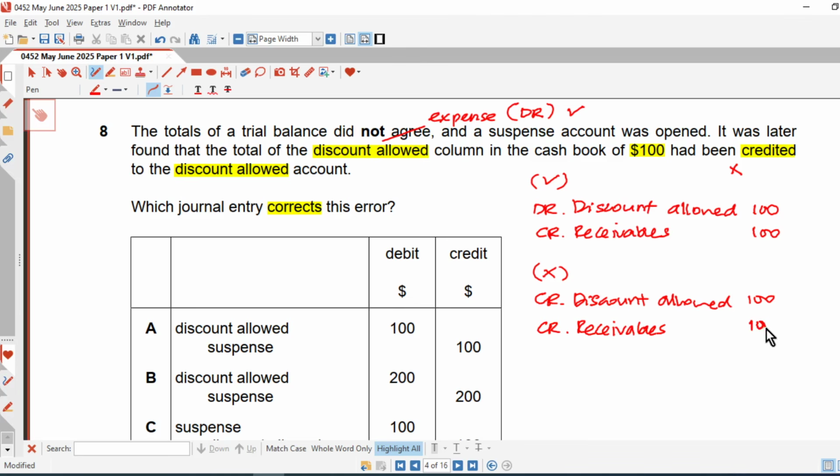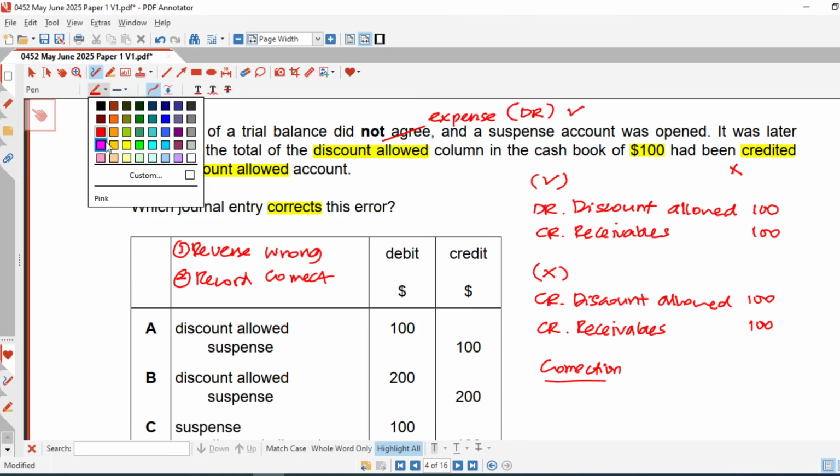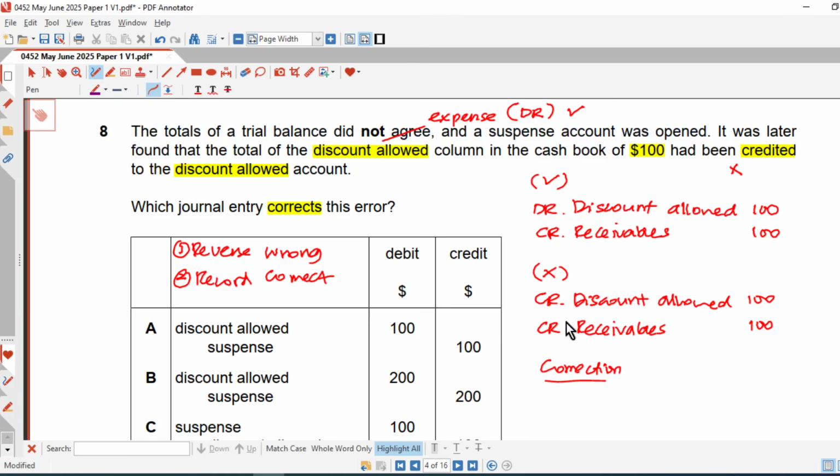So to perform correction of error, I always have my 2 steps to work with. The first step, we are going to reverse the wrong entry. Whatever we've done wrong, we're going to apologize and we are going to record the correct entry. Reverse the wrong entry, record the correct entry. So what I'll do is I'll reverse this credit to discount allowed.